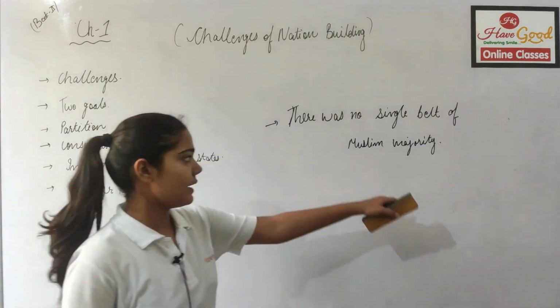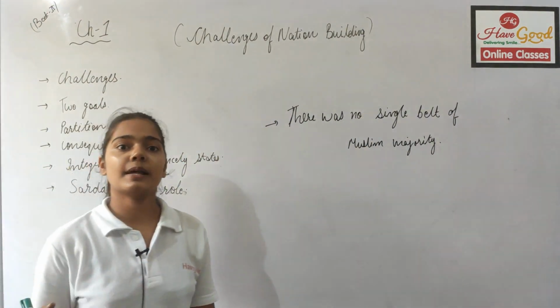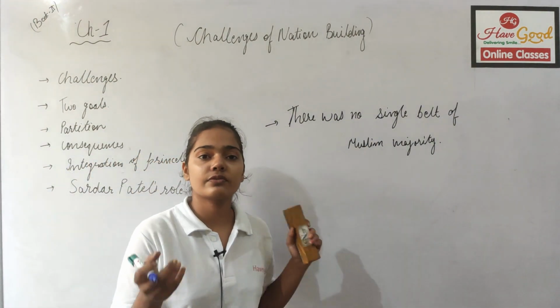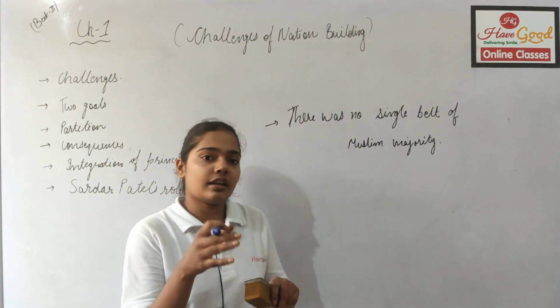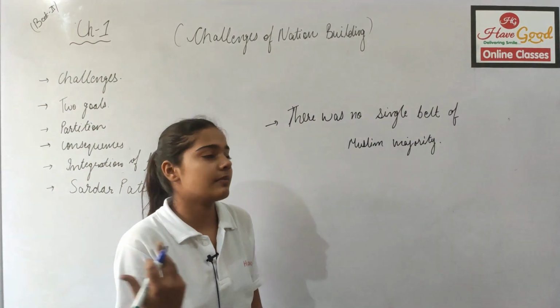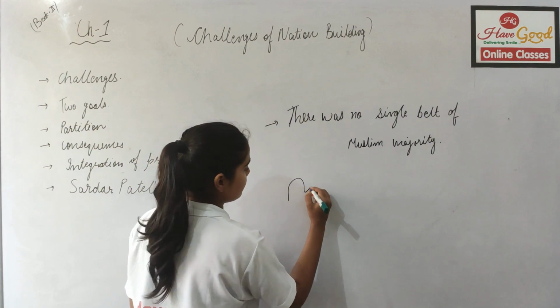There was no single belt of Muslim majority, and because of this reason the country was divided into East Pakistan and West Pakistan. Just suppose that it is India.